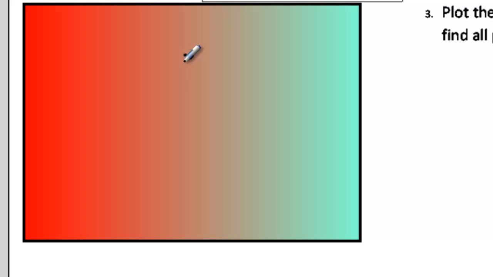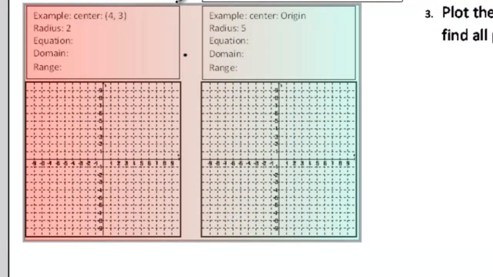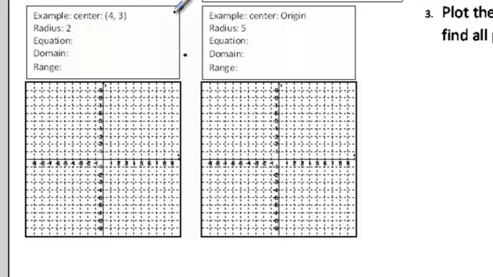Alright, let's go ahead and take a look at a couple of examples here so that we can correctly identify circles. So the center that we're going to start with is 4, 3. The radius is going to be 2.